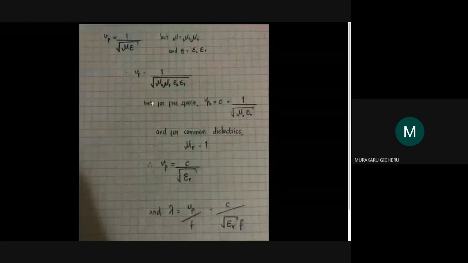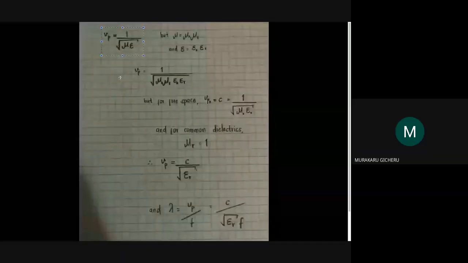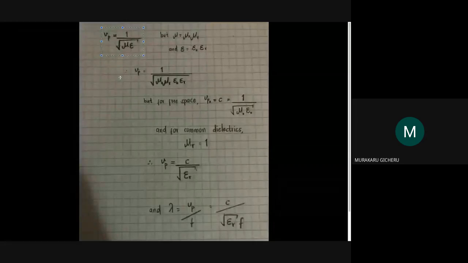Vp is equal to 1 over the root of the permeability times the permittivity. This comes from Maxwell's equations, and I didn't go into that. I could not handle all of that, but if you look up anything to do with Maxwell's and this equation, you're going to find a good enough explanation, which I do not have right now. But for what's relevant to ECT, this is all you need to know. The velocity is equal to 1 over the root of mu epsilon.